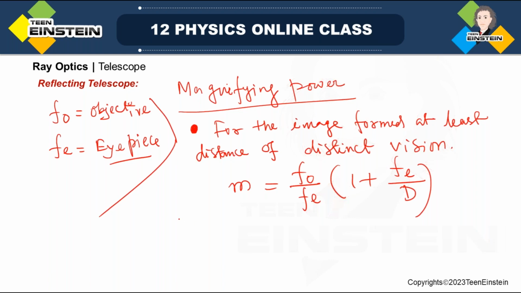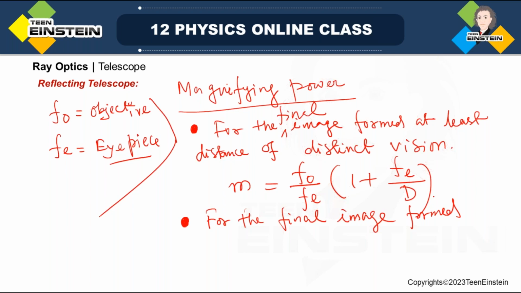Okay, so the second point is the magnification for the final image formed at infinity.